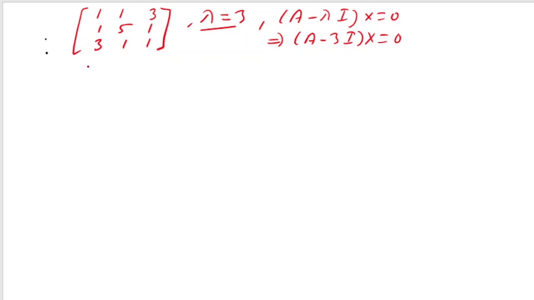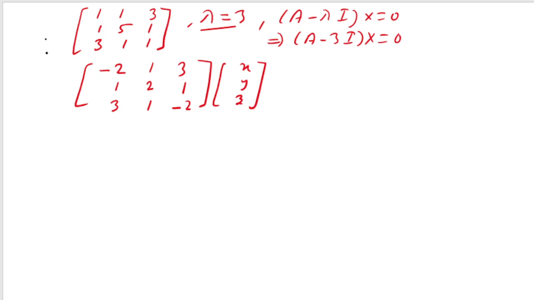So if I subtract 3 from the main diagonal, 1 minus 3 is -2, 1, 3, 1, 5 minus 3 is 2 and 1, and this is 3, 1, and 1 minus 3 is -2, right? Times x, y, z is equal to 0.